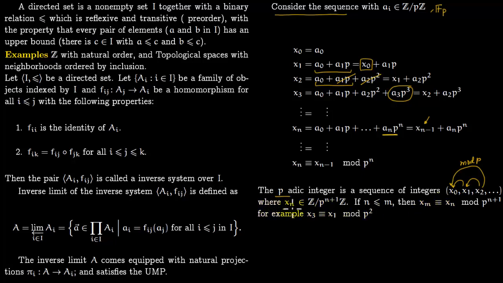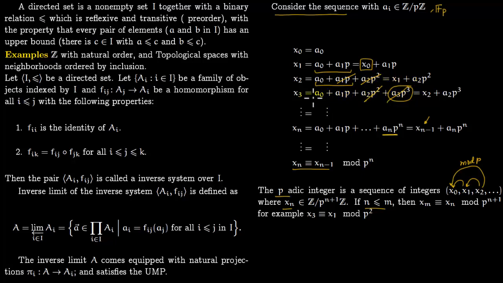So this xn lies in here. For n less than or equal to m, xm is equivalent to xn modulo p^(n+1). So obviously you are working with this inductively. For example, you can go from x3 to x1 modulo p squared. If I reduce modulo p squared, this will go away, and p cubed also lies in the p squared ideal, so these two will go away.